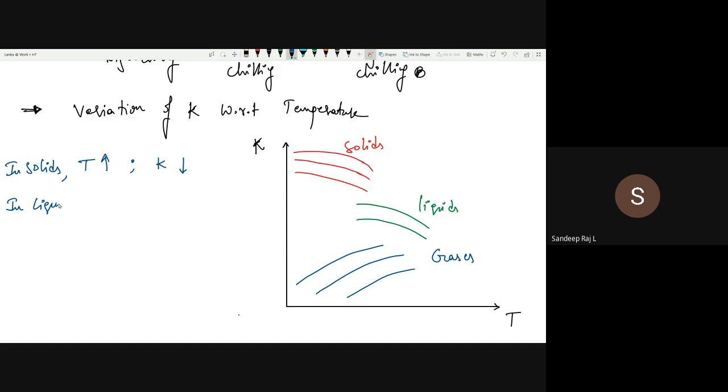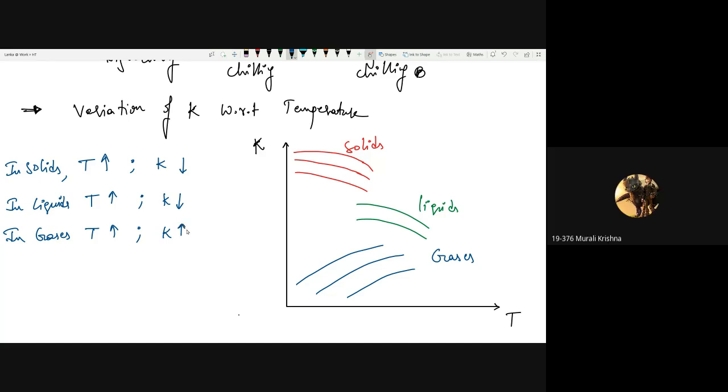In liquids, if the temperature is increasing, what happens to the thermal conductivity? Decreasing. In gases, what is happening to the thermal conductivity if the temperature is increasing? Increasing.